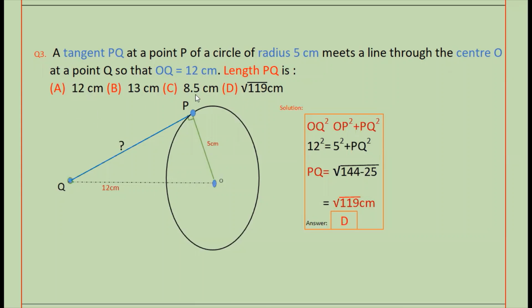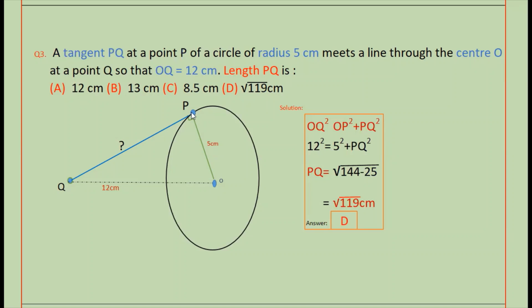So this is the tangent PQ at the point P. The point of contact here is P, and the radius of the circle is 5 centimeters. So OP is equal to 5 centimeters. OQ is given, that is 12 centimeters. We have to find PQ, the tangent length.